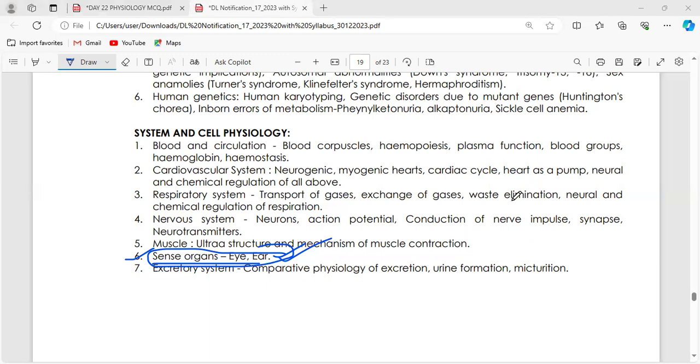Okay, any doubts, any clarification you want to know? Do you need any extra information regarding the muscle contraction?